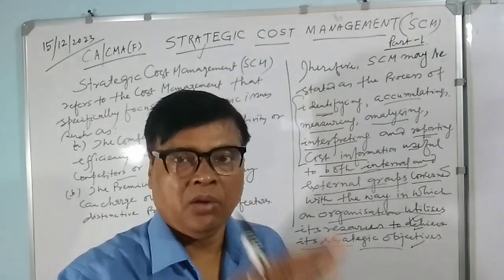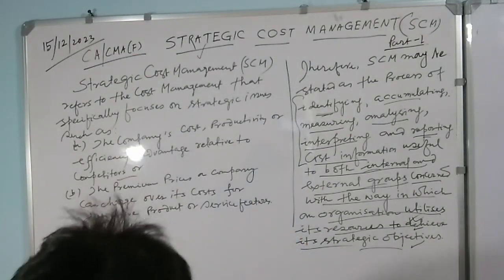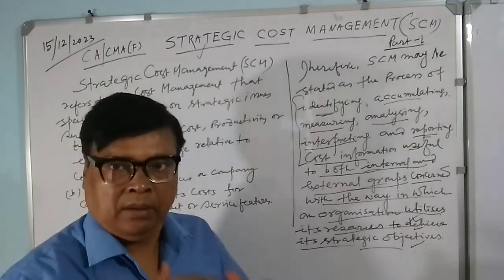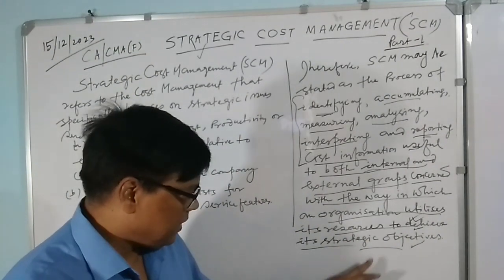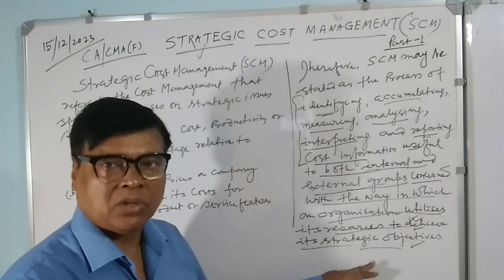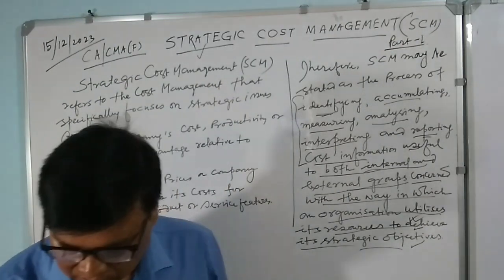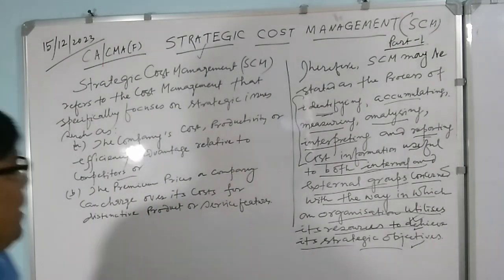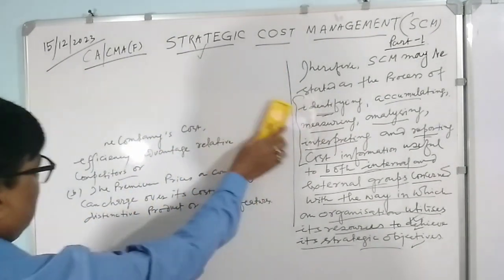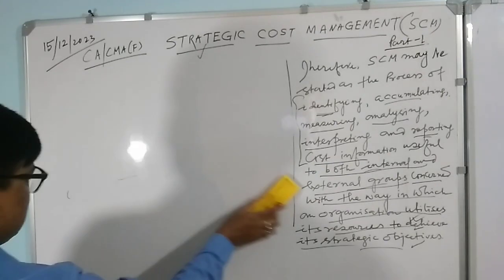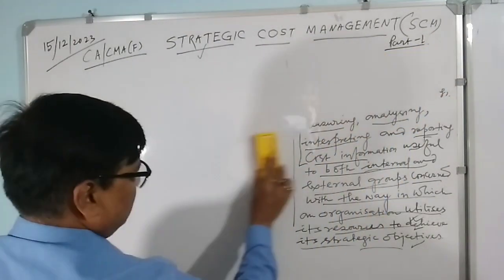Then only you will reach a certain level to get your strategic objectives satisfied. Fine. So this will be the first point of discussion for your strategic management. Now we will be elaborating some details on strategic management.